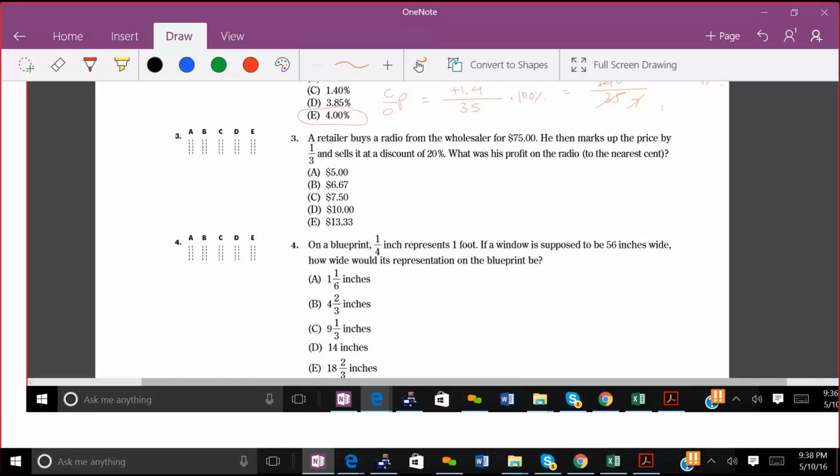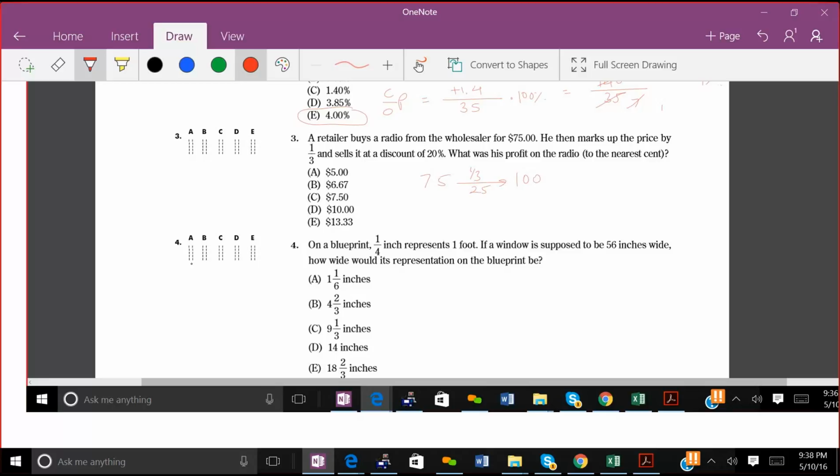Yeah, you don't have to do it like that. The 75 goes up 1/3. What is 1/3 of 75? 25. So it becomes 100.